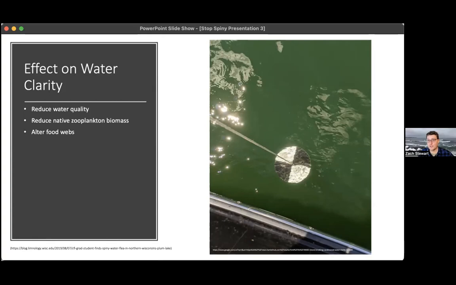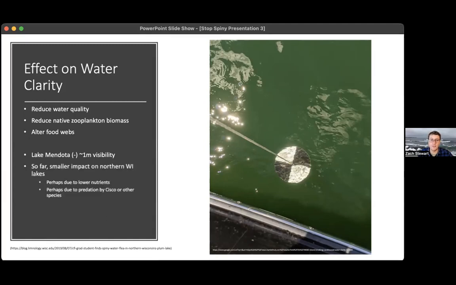Now, when spiny water fleas get in there, they disrupt that balance and reduce the biomass of our native zooplankton, and that can sometimes lead to over blooming of phytoplankton, which leads to green water and reduced clarity. Lake Mendota, which many folks are familiar with down near Madison, Wisconsin, lost about 1 meter of visibility when it was invaded by spiny water fleas.